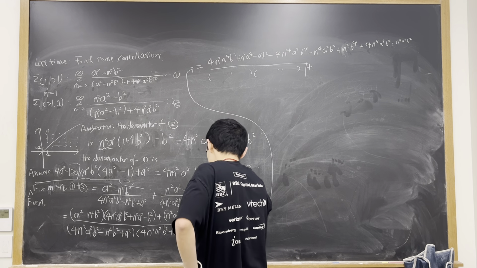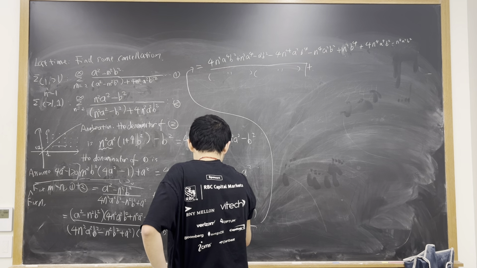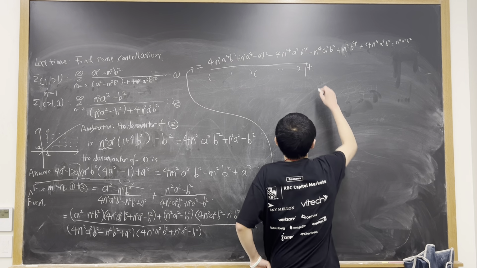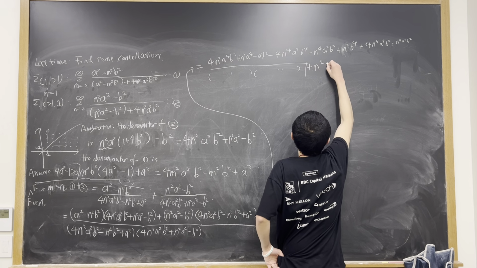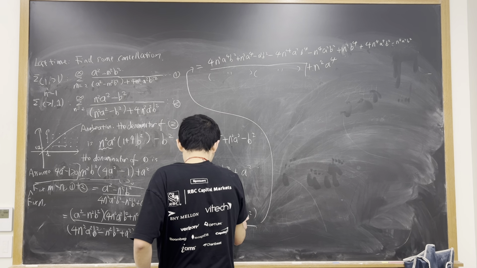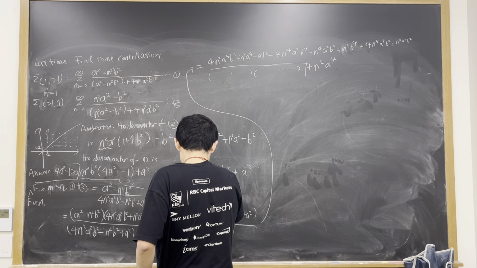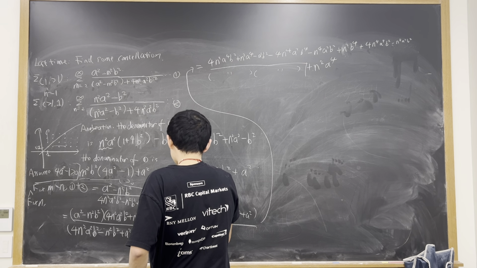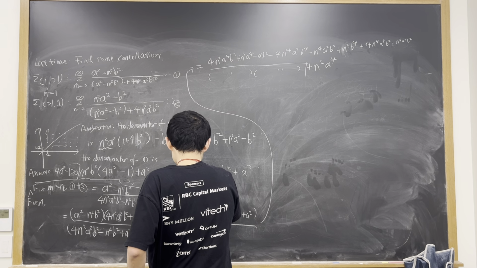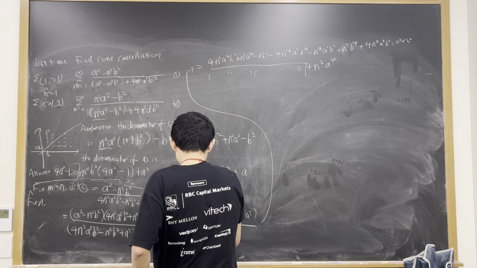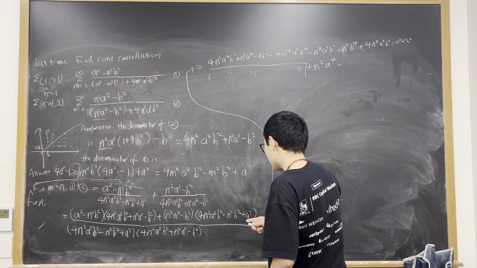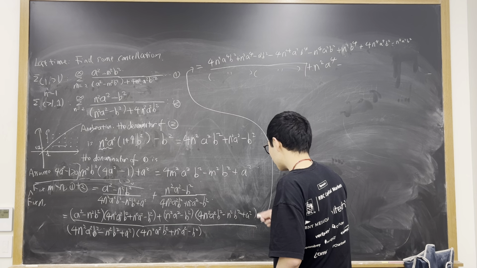And then plus n squared a to the fourth power. And then minus, right? So here I should use minus. So this is equal to 4n squared a squared b to the fourth power.